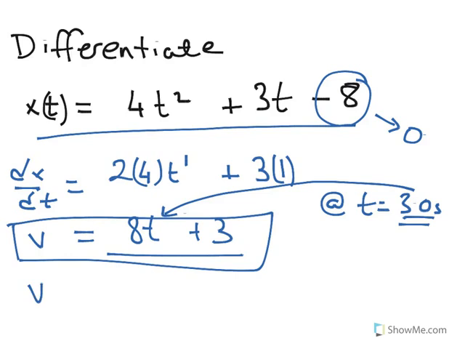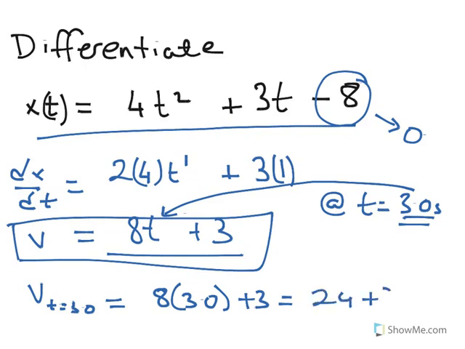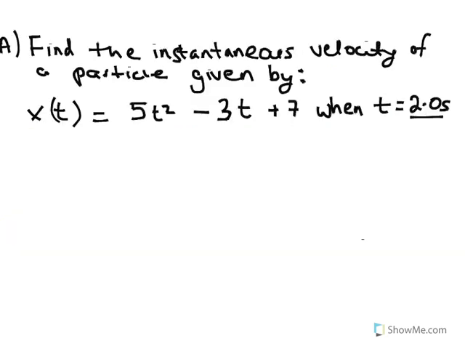So v at t equal to 3.0 is 8 times 3.0 plus 3, which is 24 plus 3, 27. I'm presuming that this is in meters per second. I would have to be given units on my question for that.